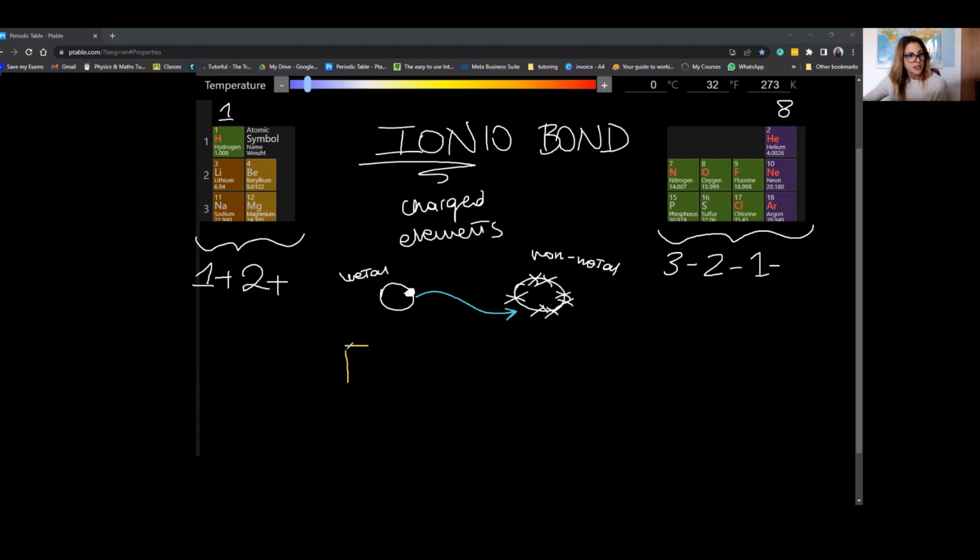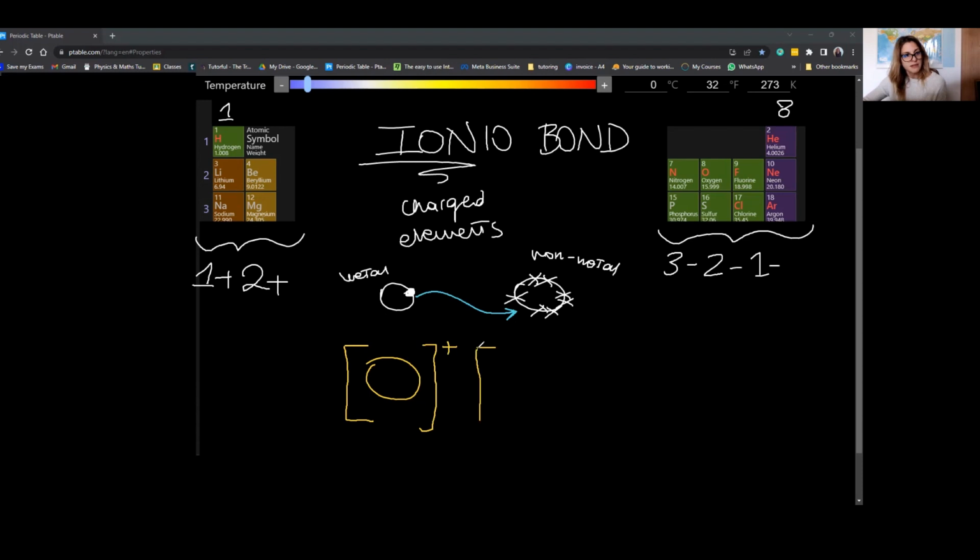In fact, the ionic bond will be shown with, in a square bracket, the metal, which is now empty in the outer shell because it has lost its outer electron, and it has a charge. We write it like this.